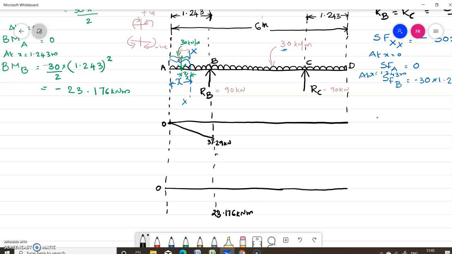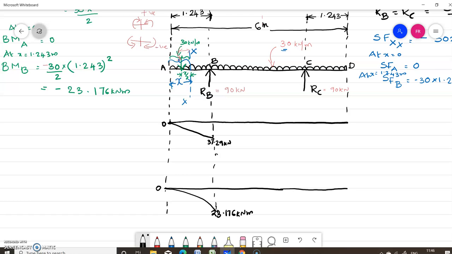So actually this is a UDL, so the variation is parabolic. So you can draw this parabola connecting the points A and B. So this is 23.176 kilonewton meter.